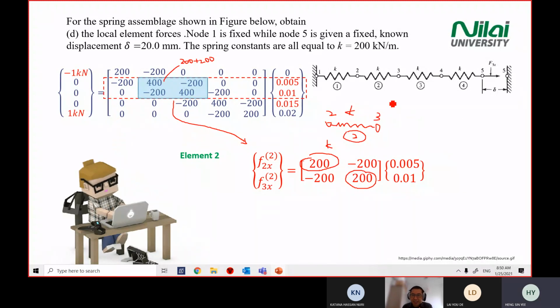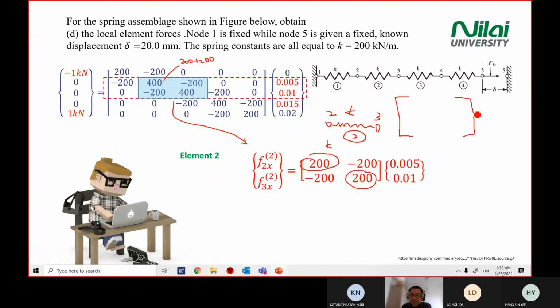Okay, this is element 1. You have 200, negative 200, negative 200, 200.